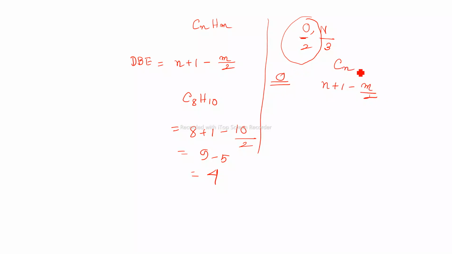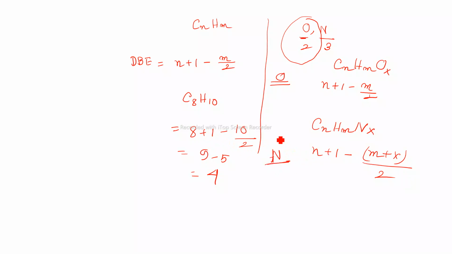Let's say we have CnHmOx, that time the formula should be this. Now let's say we have nitrogen, CnHmNx. That time the formula would be n plus 1 minus m by 2 plus x by 2, for the trivalent compound. This is for nitrogen or trivalent compounds.